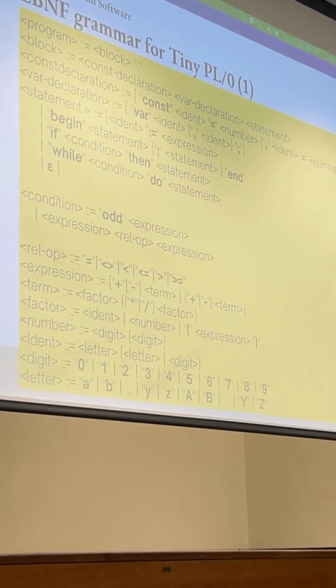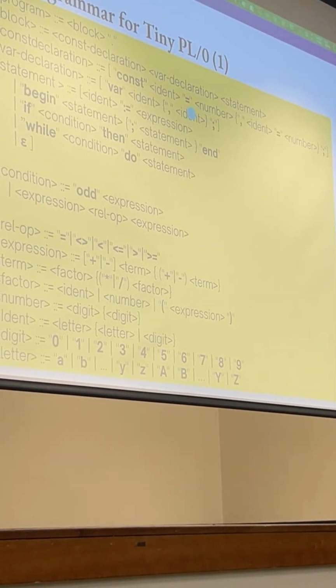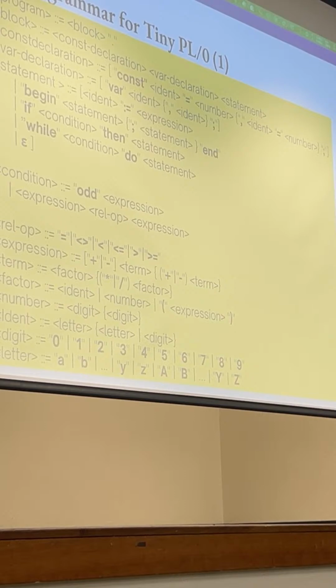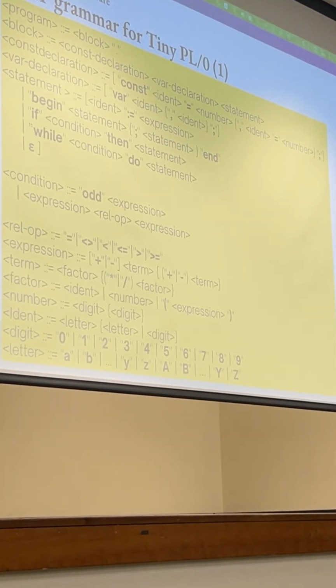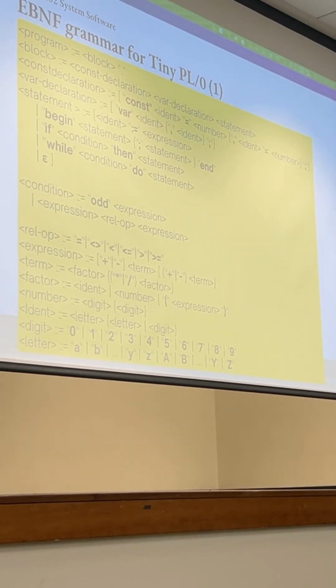Okay? But does 1 constant declaration mean we can only have 1 constant variable? Can we? Yes, we can have 1 variable. Can we have more constants? But why can we have more?